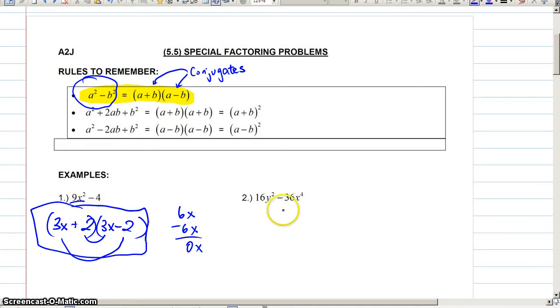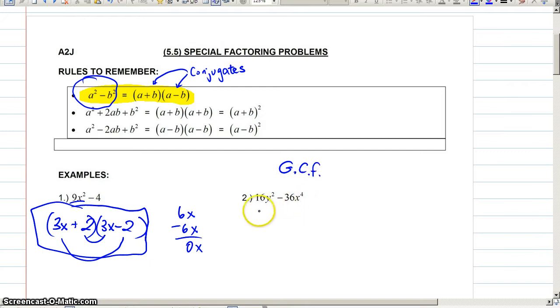Taking a look at number 2, before you start breaking down to two parentheses, the ongoing question is always the same. Is there a common factor, a number that divides into the 16 and the 36? Very often kids might say, well, yes, a 2. And that is true that 2 divides into 16 and 36, but we're always looking for the greatest common factor.